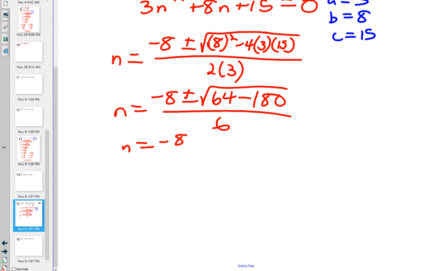Uh-oh. What did I want to show you? That I get negative 116 in here. So once I get a negative discriminant, I can just stop what I'm doing and say that there's no solution. No real solutions.